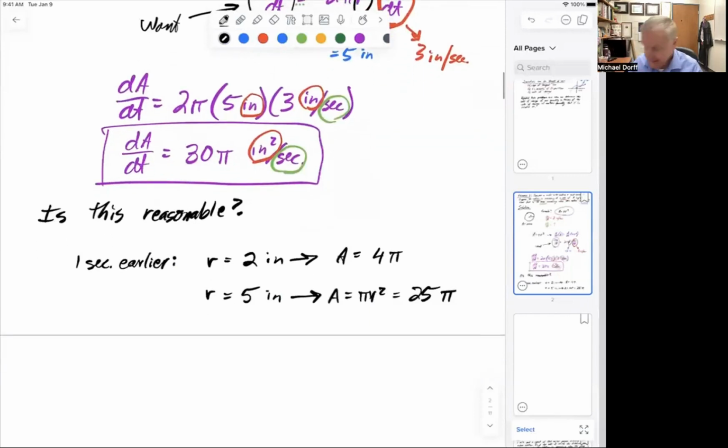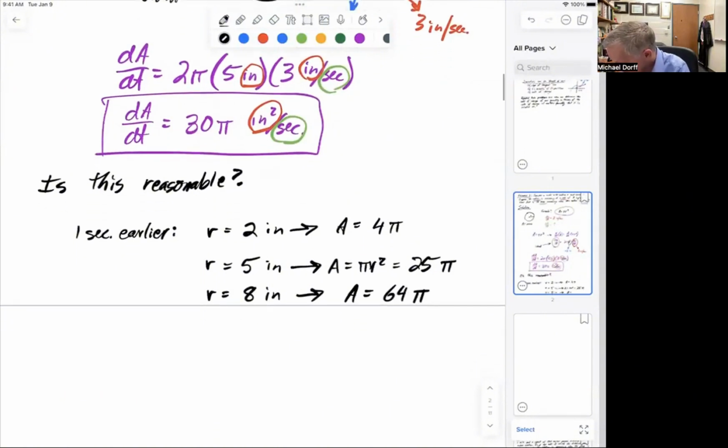And let's look at 1 second later. It's increasing at a rate of 3 inches per second, so at 5 inches, 1 second later, the radius has increased by 3 inches. So then it's 8 inches, and the area is pi r squared, which would be 64 pi. Now, what do we notice about these differences? The growth between 4 pi and 25 pi is 21 pi.